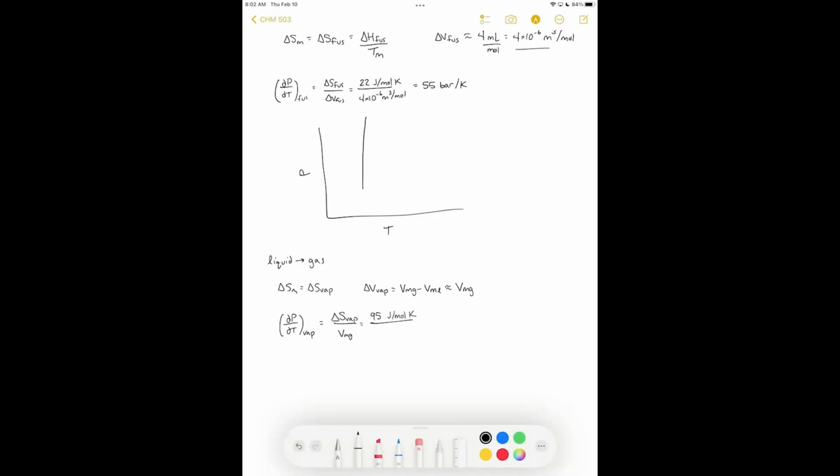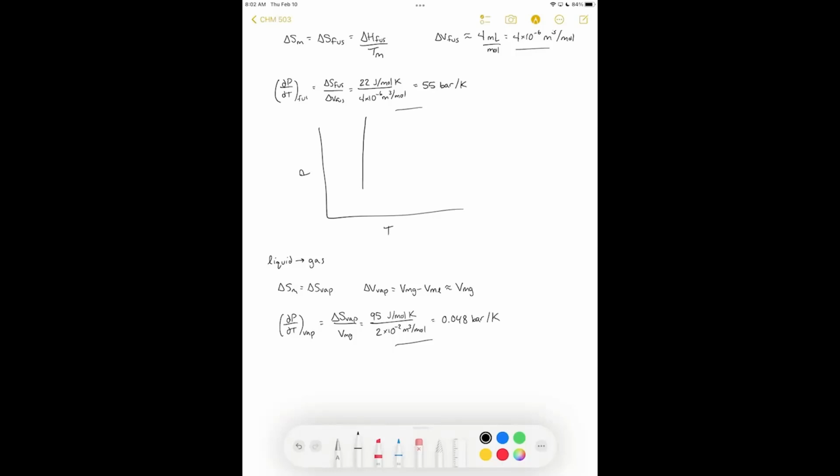The molar volume is about 20 liters, or 2 times 10 to the minus 2 cubic meters per mole. Plugging in numbers here, we get an answer of 0.048 bar per Kelvin. In both cases, for here and up here, we had to do a conversion because the answers would come out in pascals because we're in SI units.